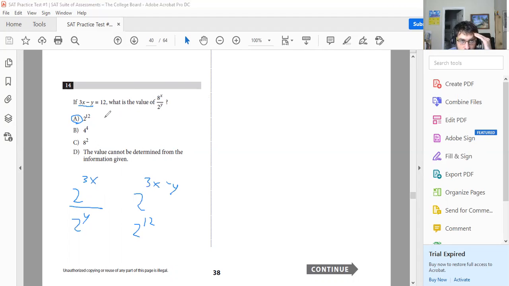Alternately, if we worked with the other equation first, we could have done like add y to the other side and subtract 12. You'll get y equals 3x minus 12, just switching these two. We could plug that in now, 8 to the x over 2 to the 3x minus 12.